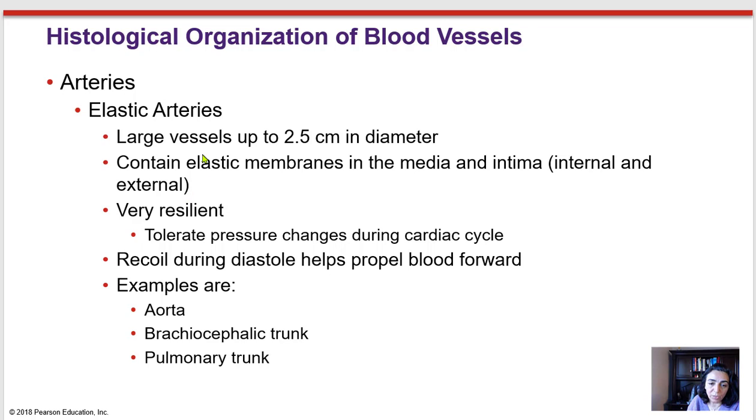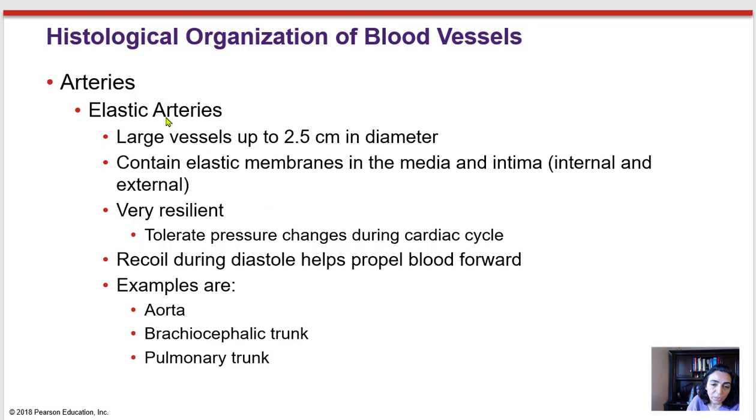So as you see, elastic arteries have both of them. As we talk about each layer of each one of these vessels, arteries, capillaries and veins, we are going to talk about all the layers that we have discussed before, the 5 layers, and in the arteries 3 layers, in the veins, and all those. So you need to know all of this.